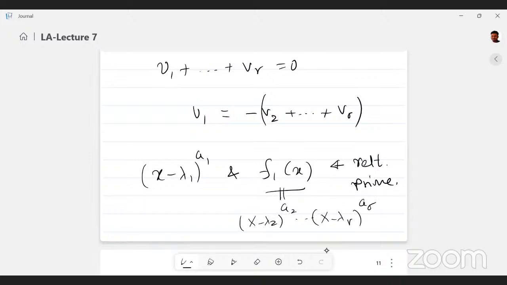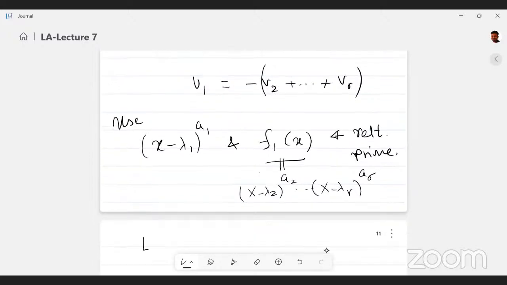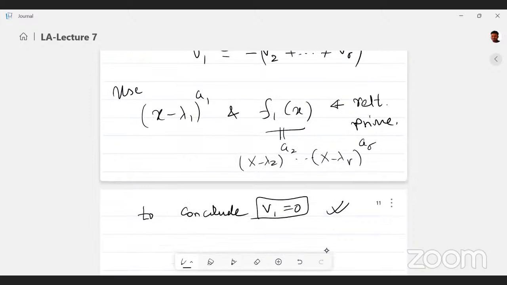Now, using that these two are relatively prime, use this to conclude V1 is 0. And similarly you can conclude V2 and so on, everything is 0. So I will leave it to you to check this, because the proof is the same, ditto, there is no difference.